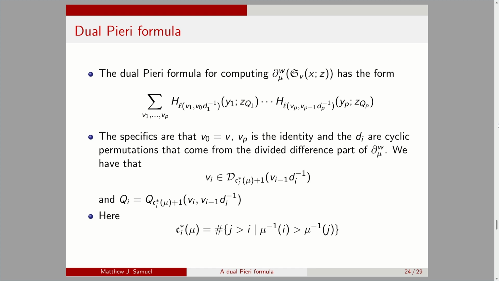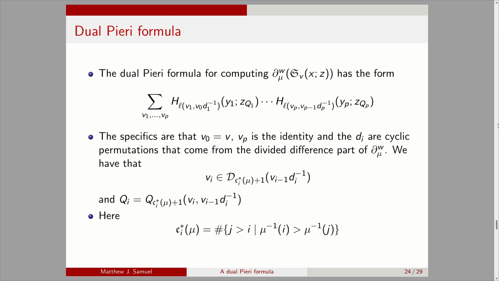So we'll recall that the dual Pieri formula has a form in terms of h polynomials, which are expanded in terms of these permutations v and the fixed permutations d1 through dp. And v0 equals v, vp is the identity, and the di are cyclic permutations that come from the divided difference part of partial mu w.